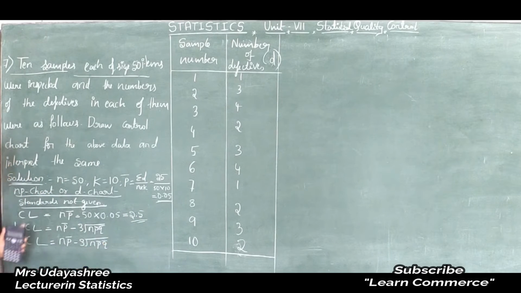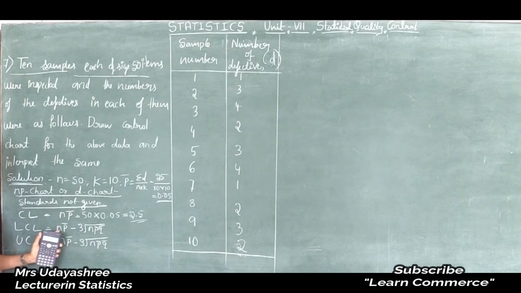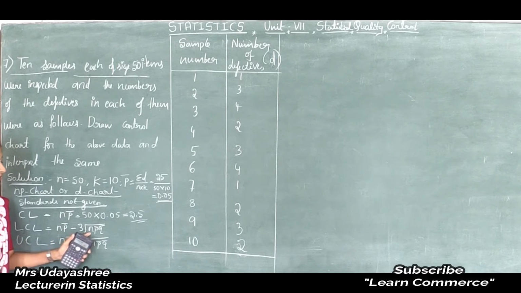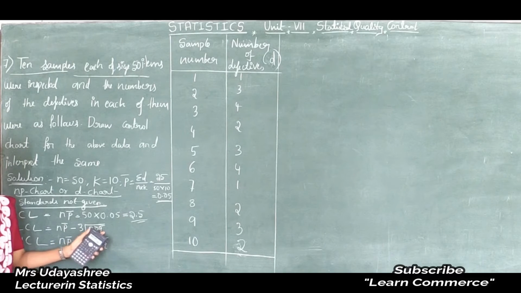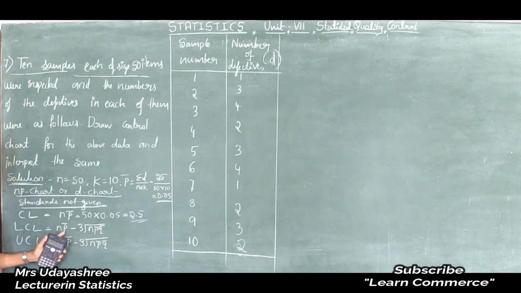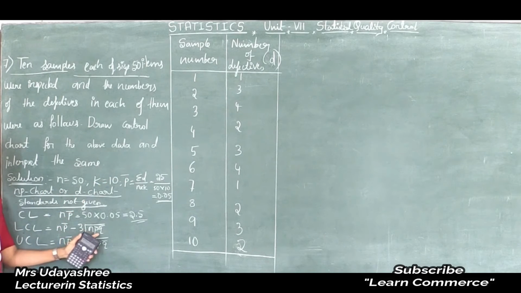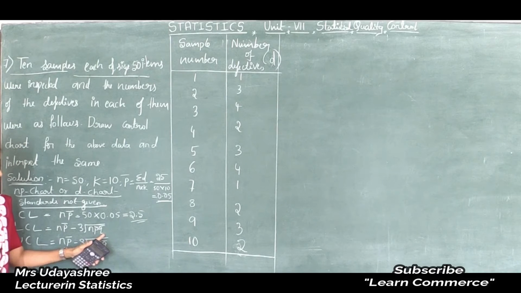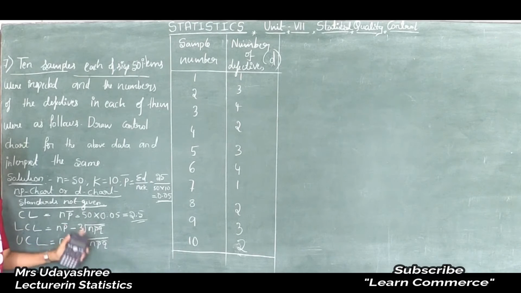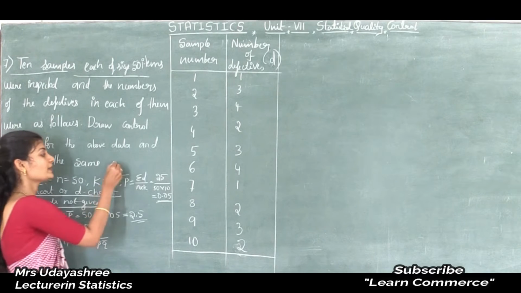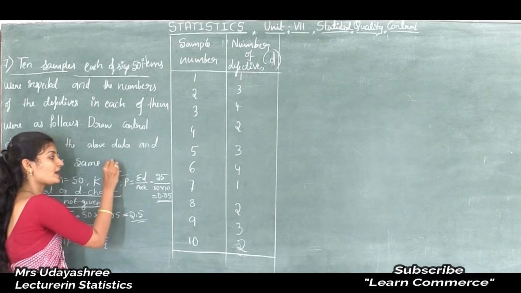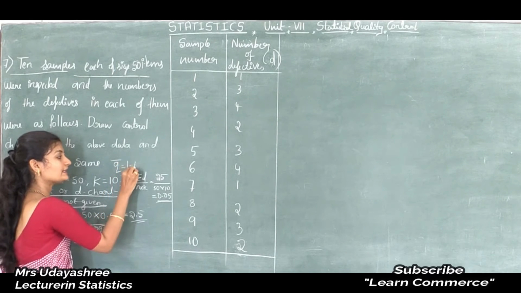Next, calculate the lower control limit. The formula is n P bar minus 3 into square root of n into P bar into Q bar. Here we have the n and P bar values, and we need to calculate the Q bar observation. To calculate Q bar, the formula is 1 minus P bar.